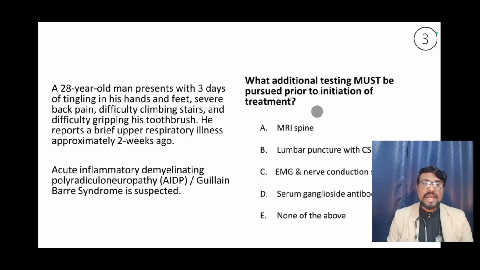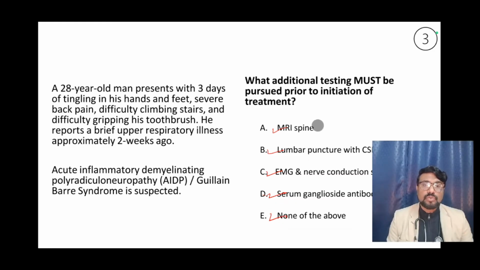So, what additional test must be pursued prior to initiation of the treatment? Whether you will do MRI, whether you will do lumbar puncture and CSF before initiating the treatment, whether you will do EMG or nerve conduction studies, whether you will order serum ganglioside antibodies, or you will do none of the above before starting the treatment.